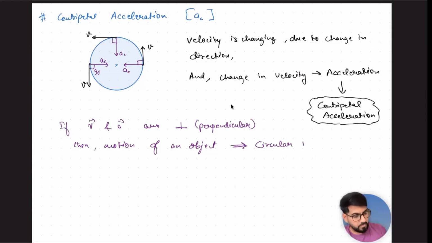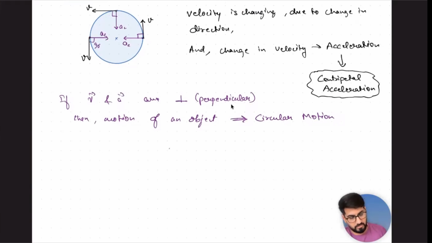Whether it is uniform or not is a different point, but definitely this will be circular motion. And the acceleration acting towards the center is the centripetal acceleration, whose equation is given to you if you check your data booklet, go to A.2.